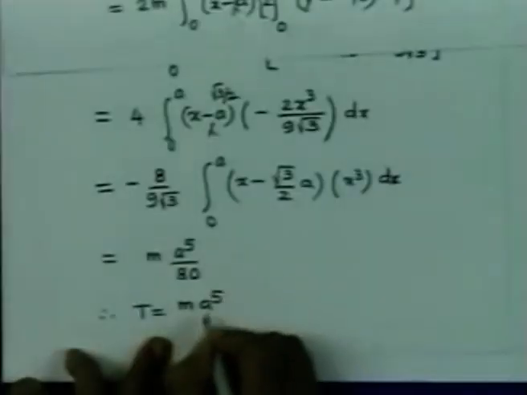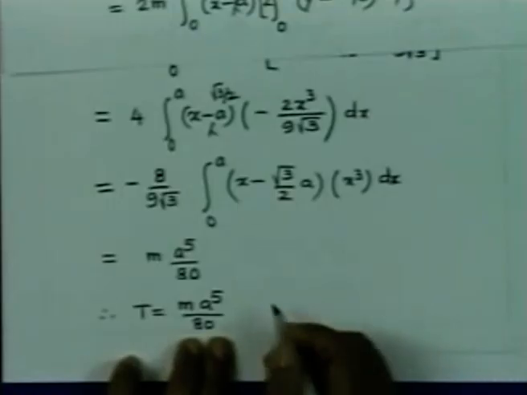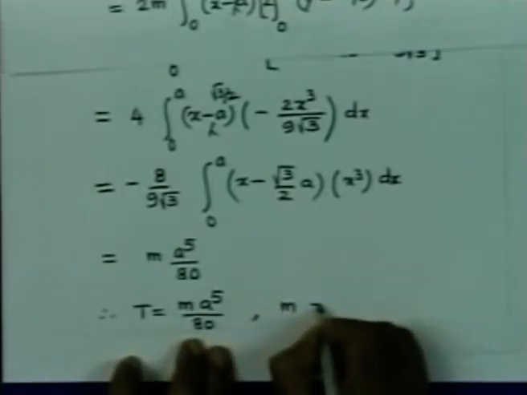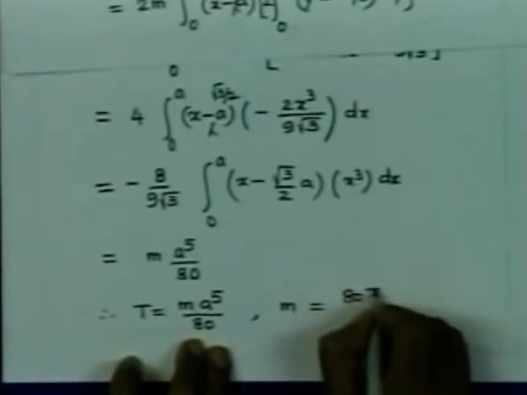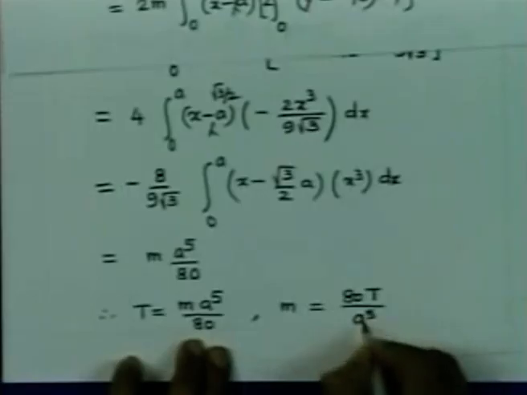Therefore, T is equal to m a5 by 80 and hence m is equal to 80 T by a raised to the power 5.